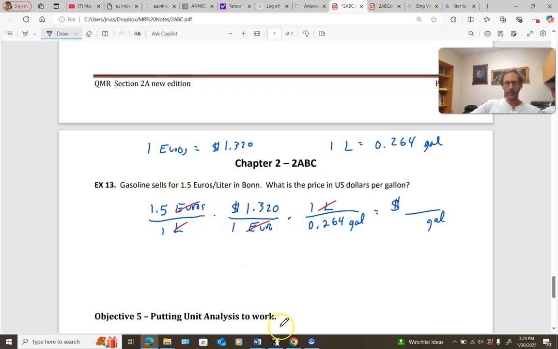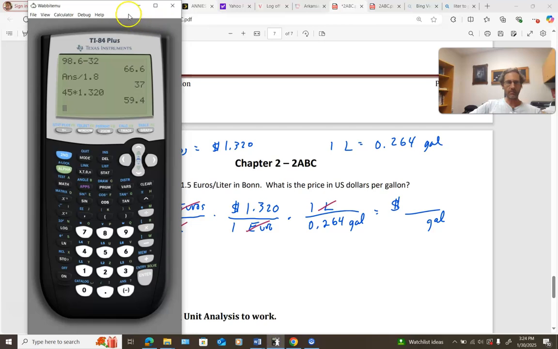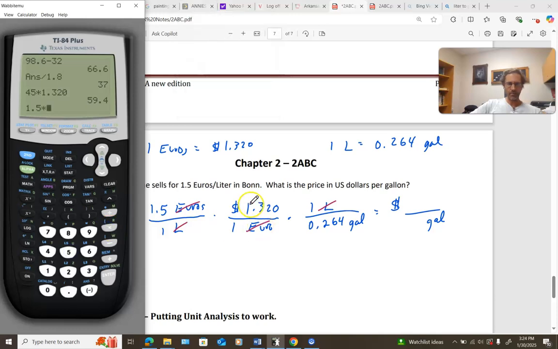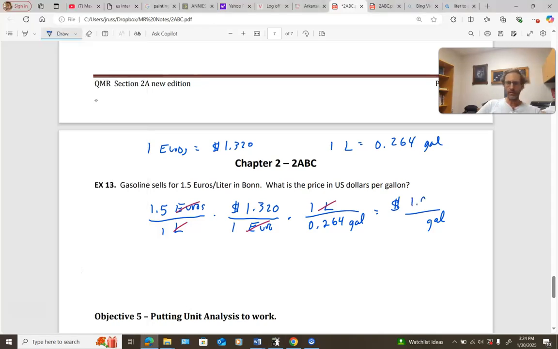And I just need to multiply straight across. So we got 1.5 times the 1.32, and that's going to give me 1.98. $1.98 per, now I've got several ones, and then I've got this decimal, so it's just going to give me the decimal, 0.264.